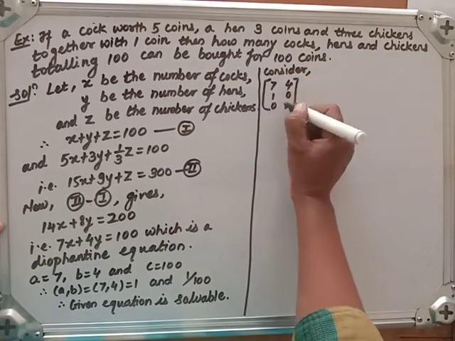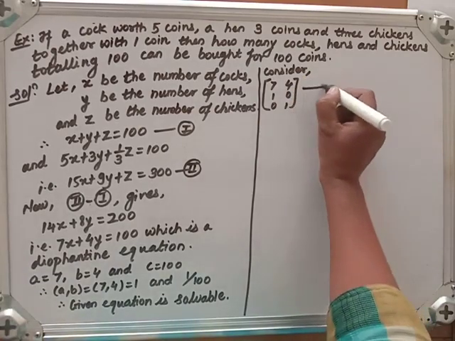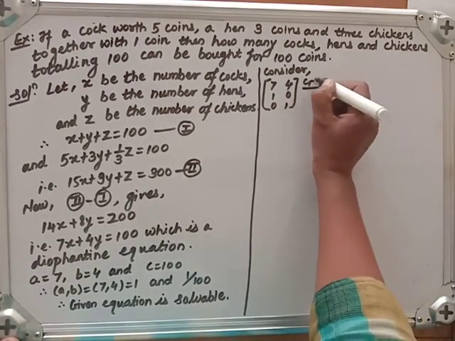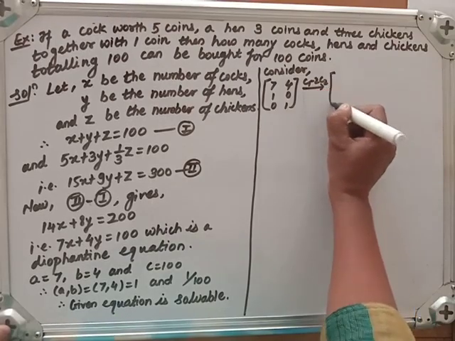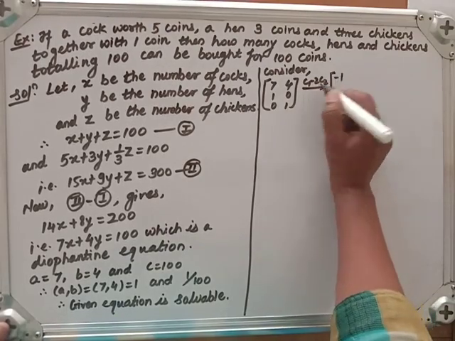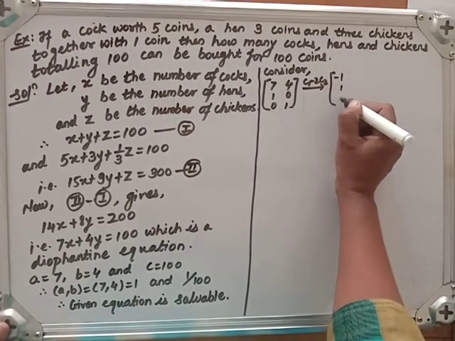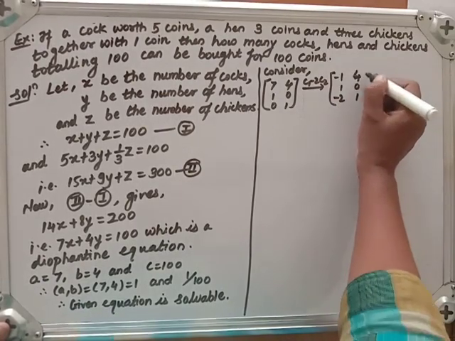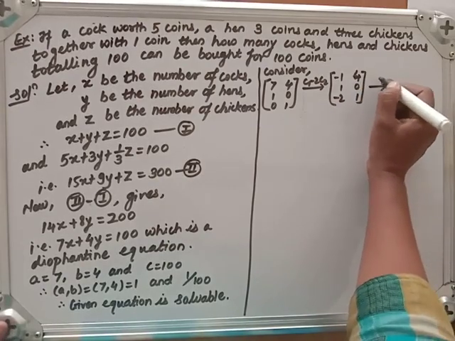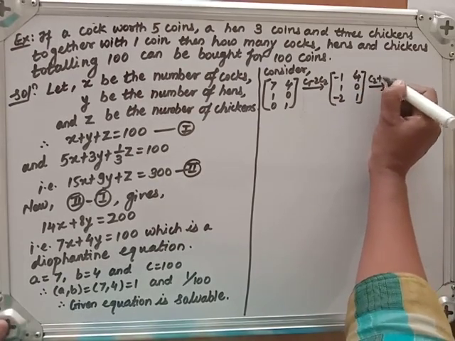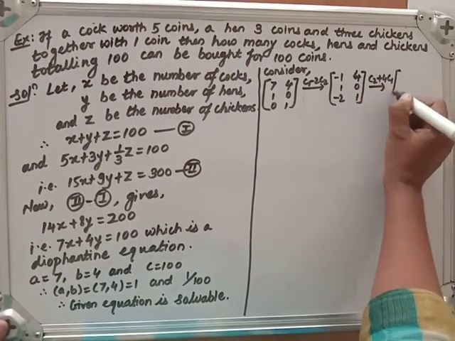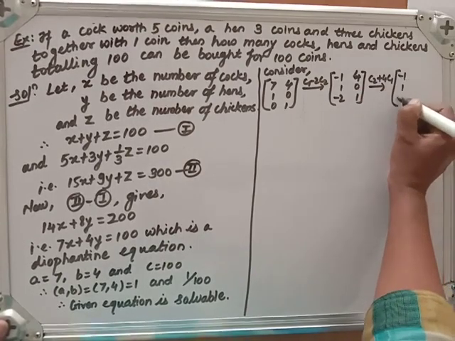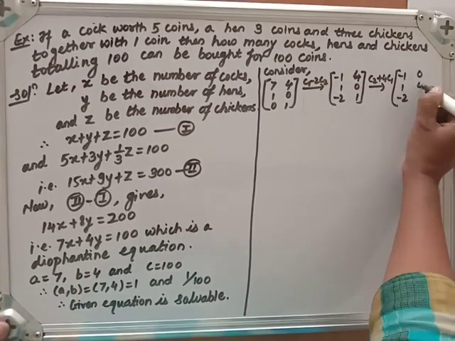7 4 1 0 0 1, that is A B 1 0 0 1. So reduce it into required form, some simplified form. C1 minus 2 C2 will be minus 1 1 minus 2. This is 4 0 1. Then C2 plus 4 C1 will give us minus 1 1 minus 2. This is 0 4 minus 7.